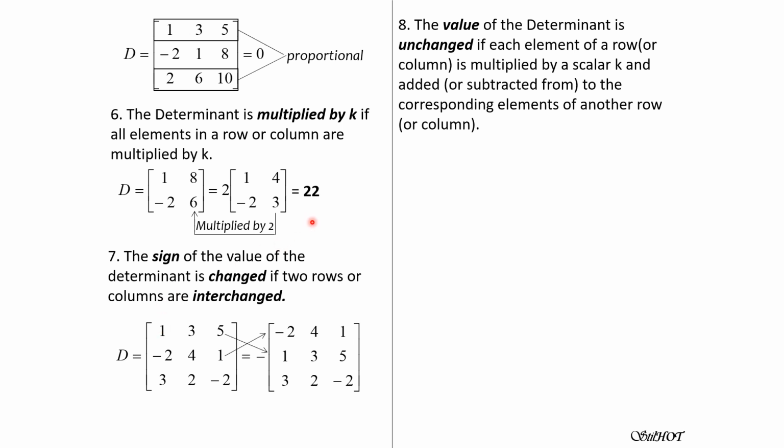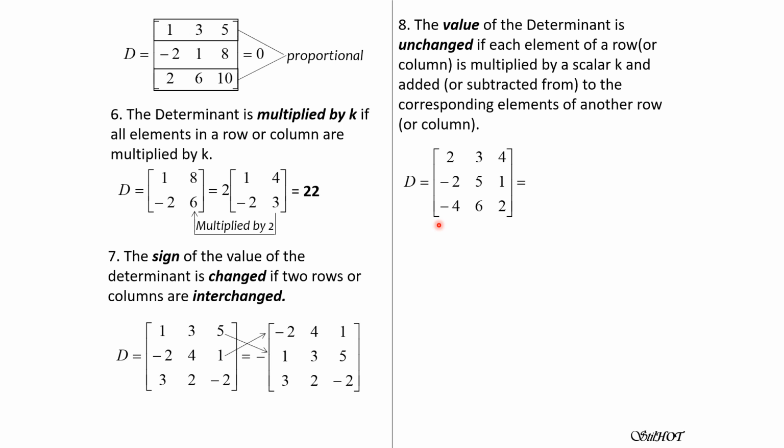So remember this concept, especially in elementary row operations with matrices. The determinant won't change in value if each element of a row or column is multiplied by scalar k, and then we add that to the corresponding elements of another row or column. So addition or subtraction.